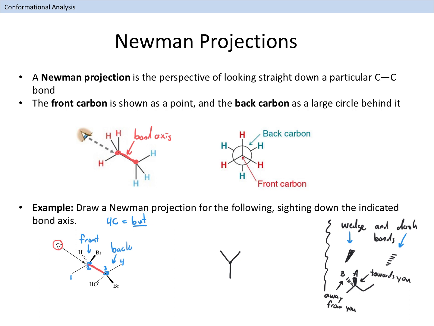Because the wedged bond is protruding out of the page, the bromine atom would be attached to the bond pointing towards the right in the Newman projection. The bond pointing to the left in the Newman projection would be attached to the atom receding into the page on the wedge-dash drawing. This would be the hydrogen atom.